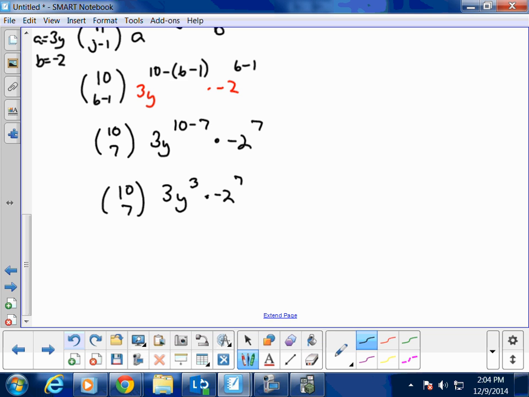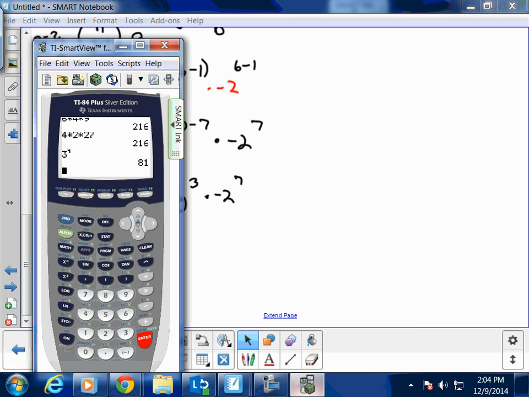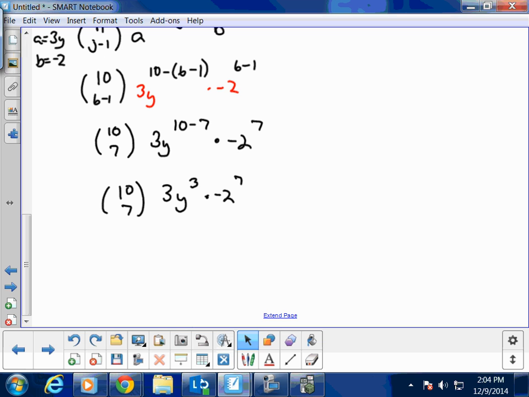Now, I need to find out what 10 choose 5 is. For that, I'm going to pull out my calculator. I'm going to write down 10, go to math, PRB, use option 3, nCr, and choose 5, and I'll find out that that is 252. So that means that right here, this is 252.